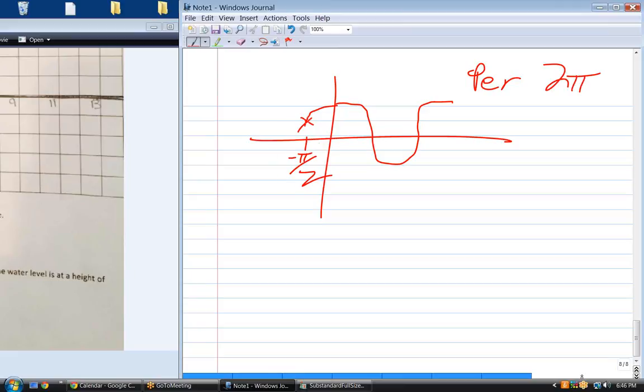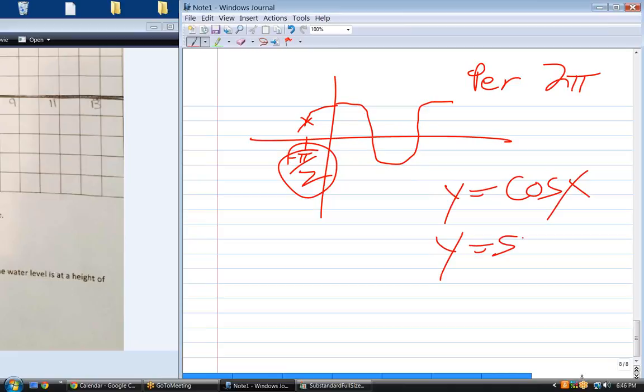Well, pi over 2 is 1/4 of this period, 2 pi. So the difference between this being a cosine curve and a sine curve is it's a sine curve that's been phase shifted. This curve is either y equals cosine of x, or it's y equals sine of x plus pi over 2.